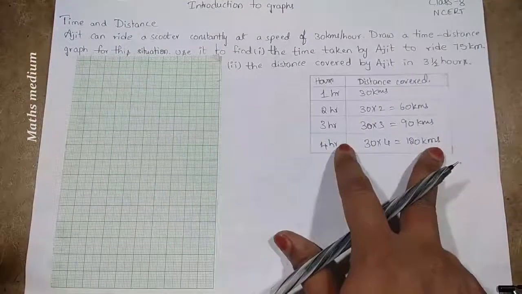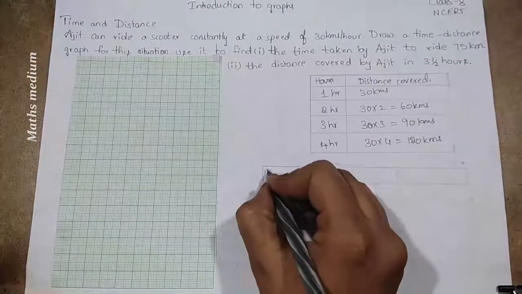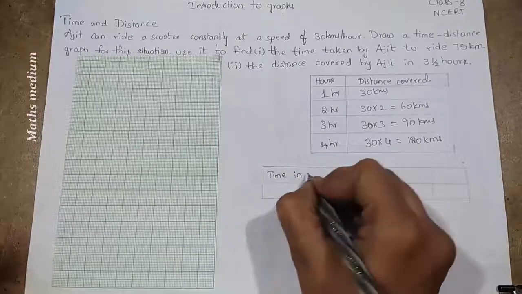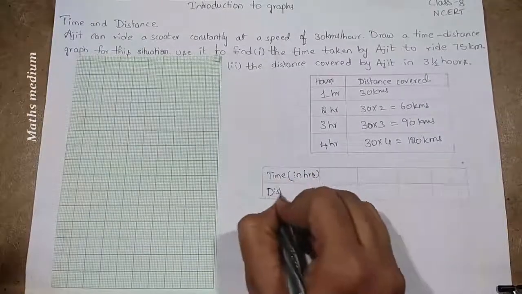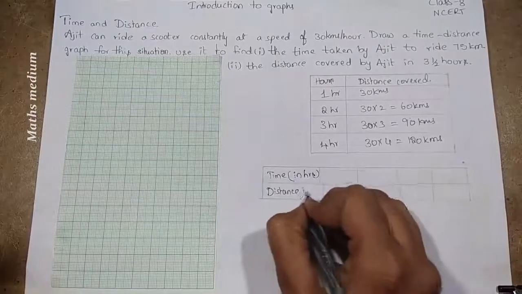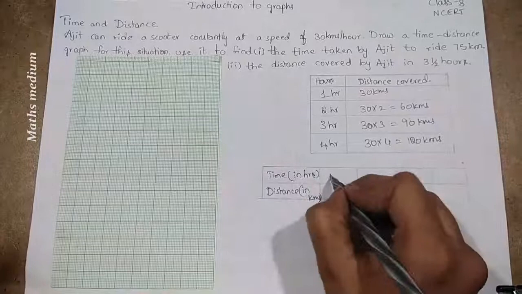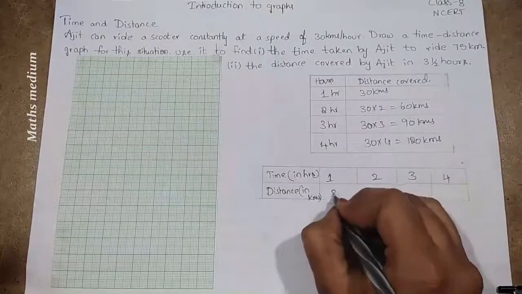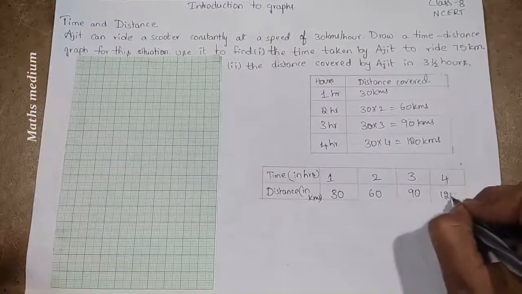So take the tabular form for hours and distances we got. Here time in hours, here distance in kilometers, right? So here 1 hour, 2 hours, 3 hours, 4 hours, distance 30, 60, 90, 120 kilometers respectively.